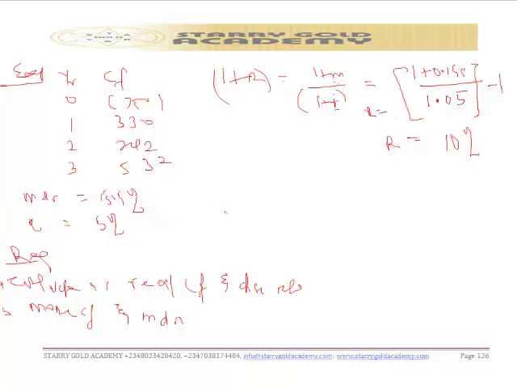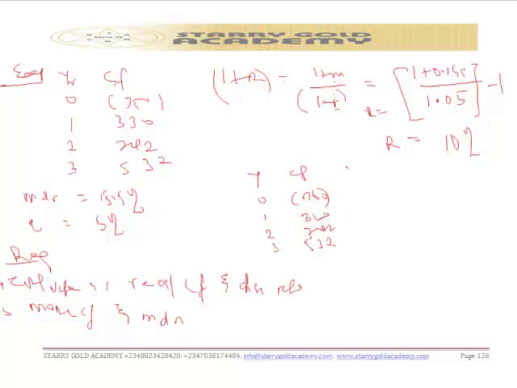How will it go? For year 0, 1, 2, 3, the cash flow is 750, 330, 242, and 532.